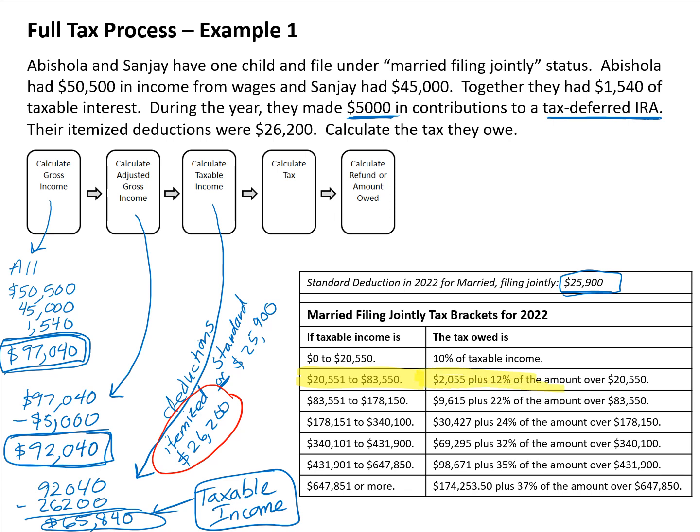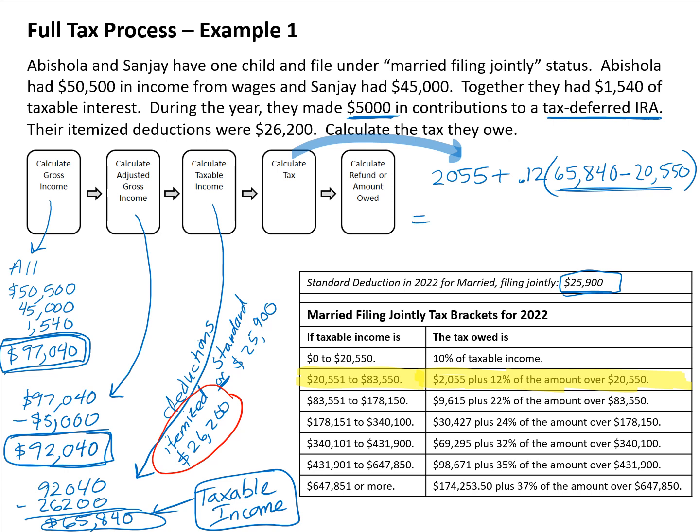So we will go across to the formula to the right of that in the table and see that to calculate the tax, we're going to take $2,055 and add 12% of the amount that they have in taxable income over $20,550. So remember, to get the amount over, you subtract their taxable income and that level, $20,550, to get how much they're charged at 12%.